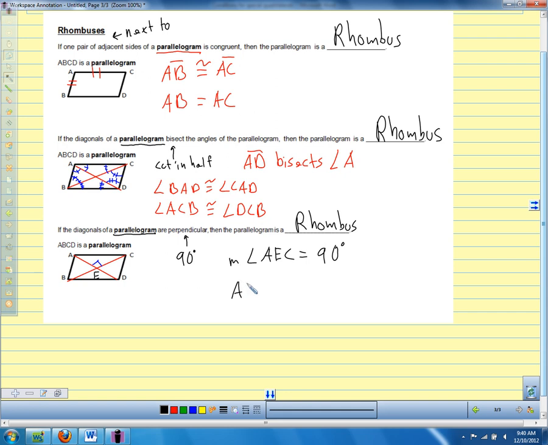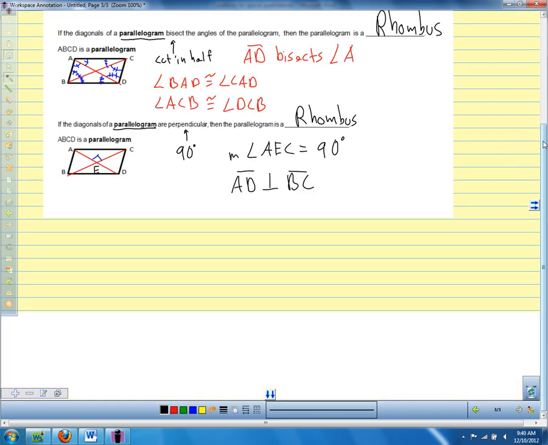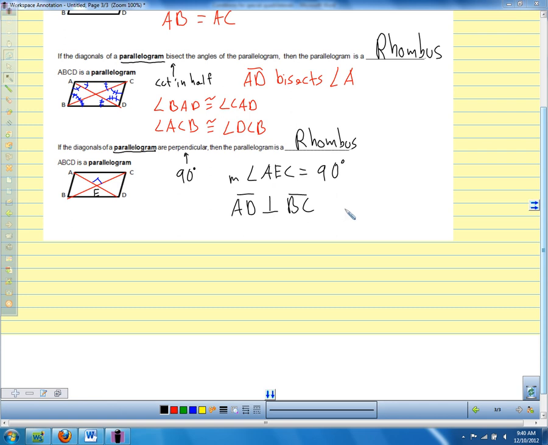I could say segment AD is perpendicular to segment BC. This upside down T means perpendicular. That's another way of saying we have a 90-degree angle. They're perpendicular. What would be another way? AD is perpendicular.